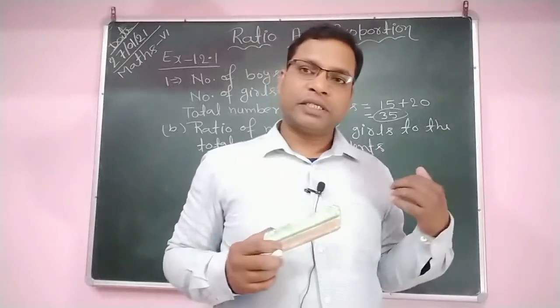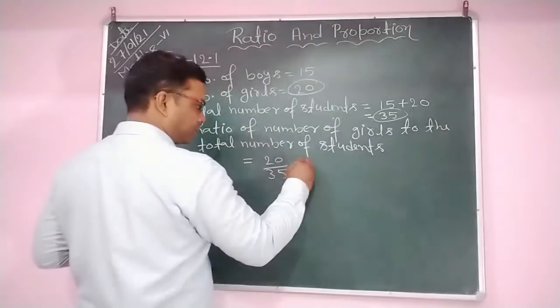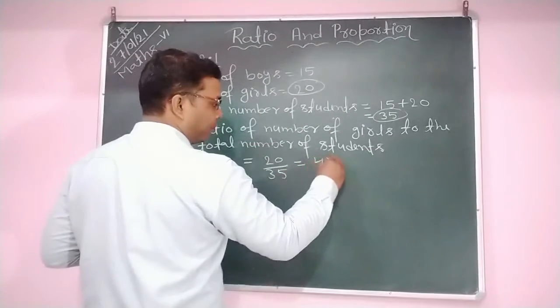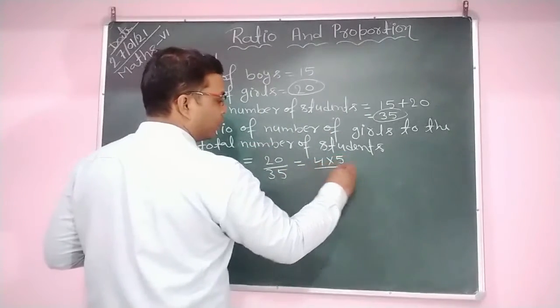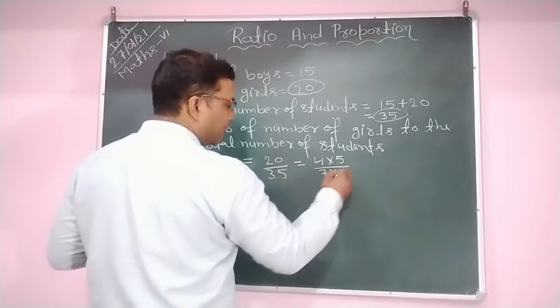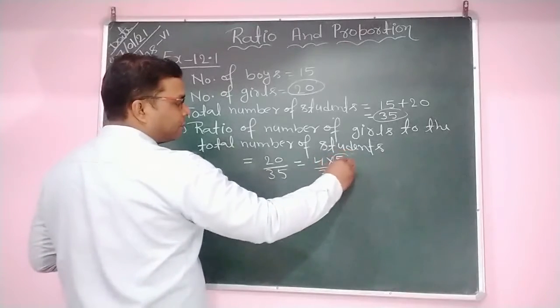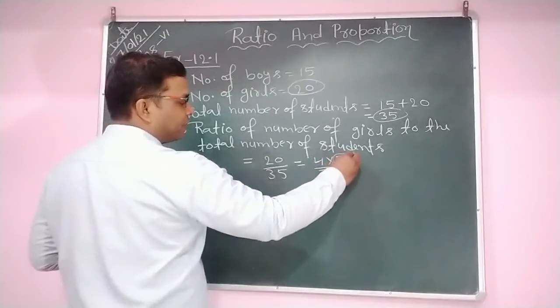So you can cancel it, or you can write 4 into 5, this is equal to 20, and 7 into 5, this is equal to 35.